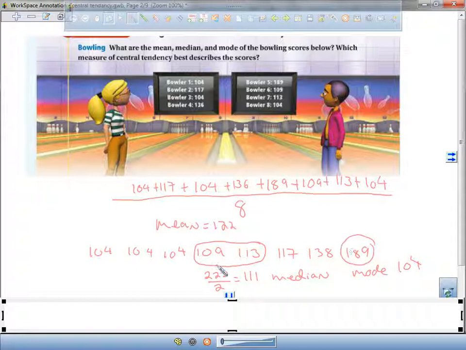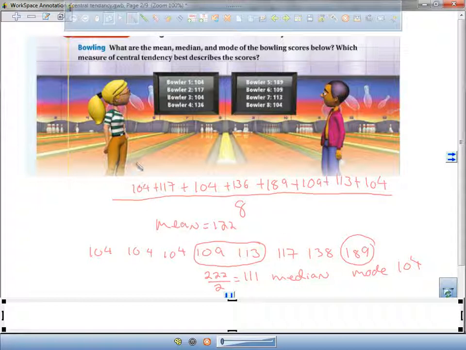numbers. So when you have an outlier, the median is a better measurement than the mean, because what happens when you have an outlier is it throws the average off. If you have a number that's way bigger than the other numbers, then it throws the average off.